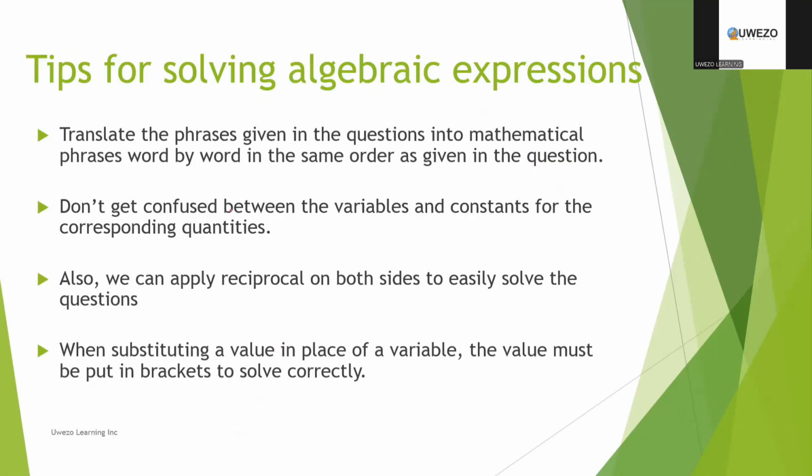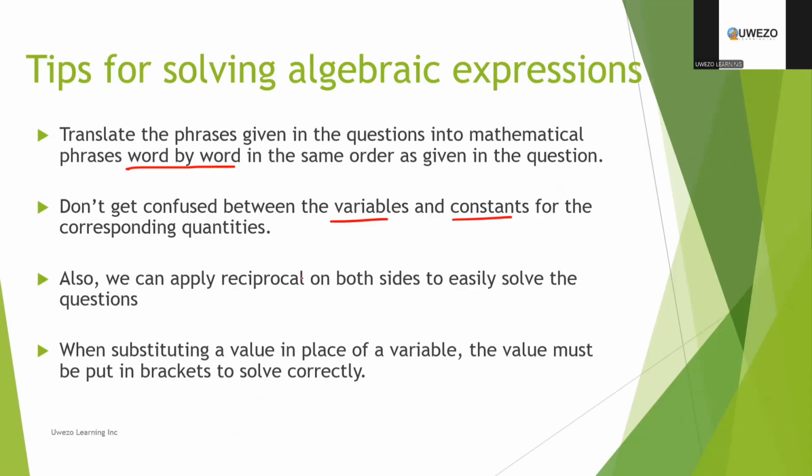So the tips for solving algebraic expressions are: always go word by word in the same order as it is given in the equation. So just like the earlier example, do not get confused between the variables and the constants.